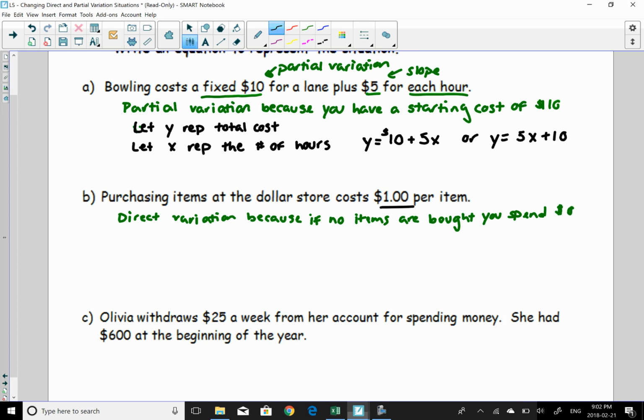Okay, so we're going to use an x and a y. Our y usually we like to use for our dependent, so we're going to let y represent your total cost. It's our dependent. That's what we're talking about. And then we're going to let x represent the number of items.